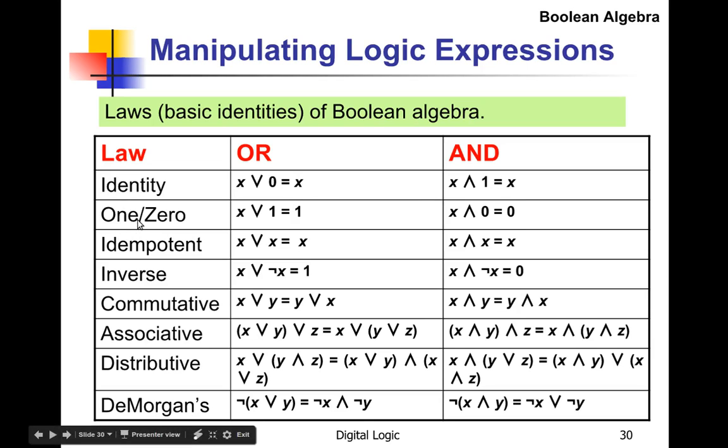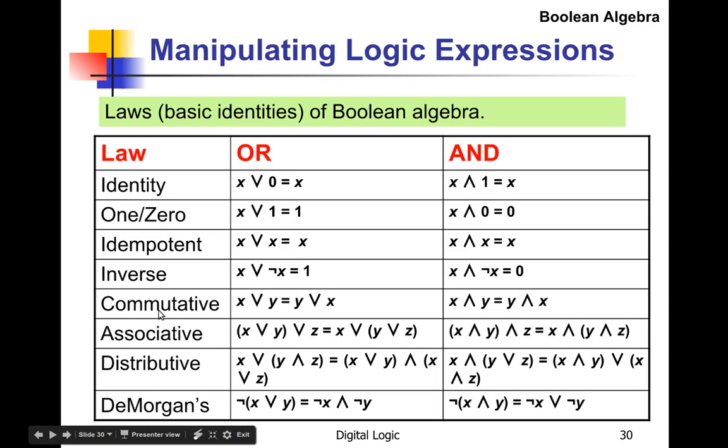And then if you want to get a 1, x OR 1 is always 1, and x AND 0 is always 0. The idempotent property means that when you do that thing to itself, you just get the thing back again, so both OR and AND are idempotent. For the inverse, if you take x OR not x, you get 1. If you take x AND not x, you get 0.